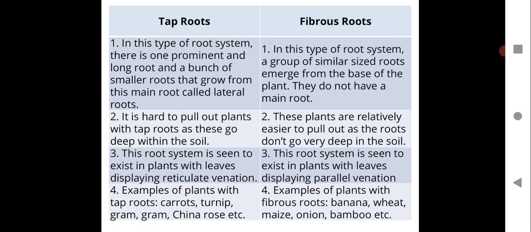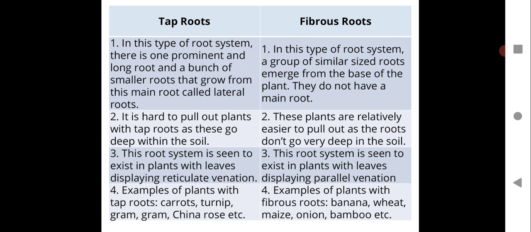Without actually uprooting the plant, you can make out with the help of the leaves. You don't need to actually uproot the plant and check whether it's a taproot or a fibrous root.